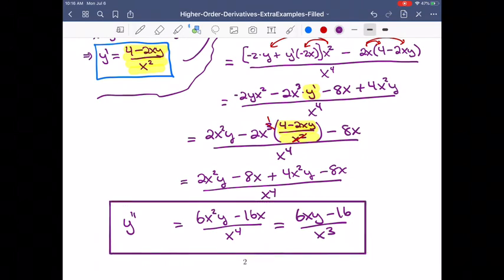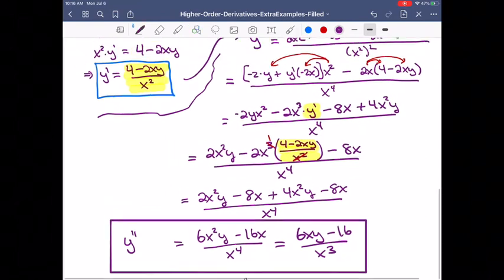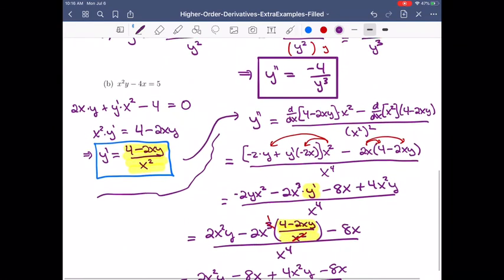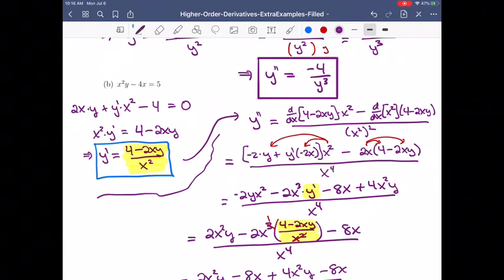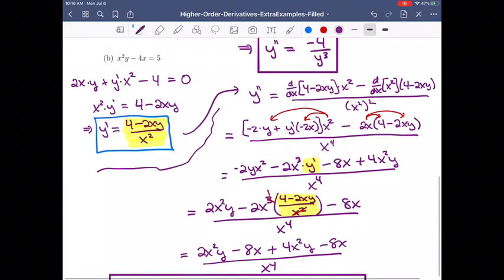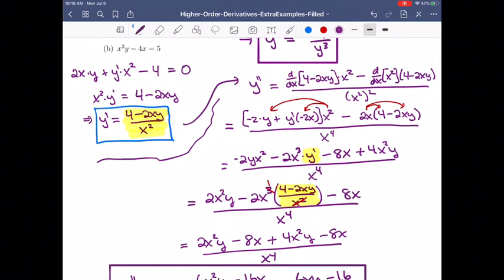Okay, so that's doing the second derivative implicitly. So we did both of them implicitly. So what you want to do is solve for y prime. That makes it a lot easier because then you don't have to solve for y double prime. But then you're going to have to input, so you end up with a y prime, at least one, in your y double prime, and you want to insert what that equals.